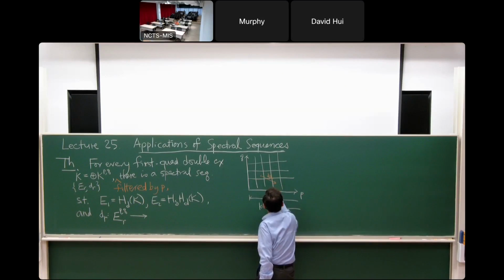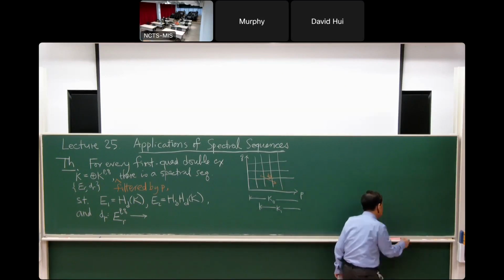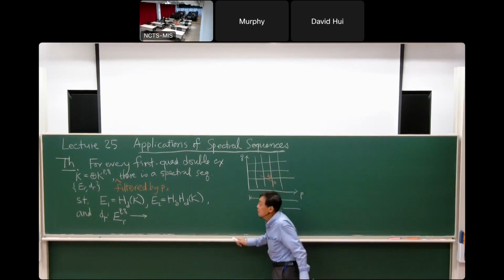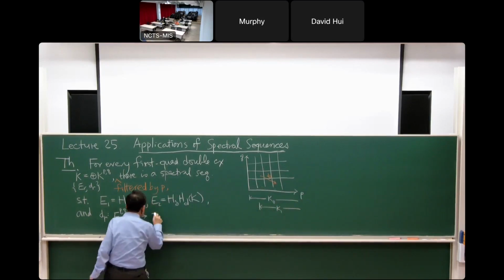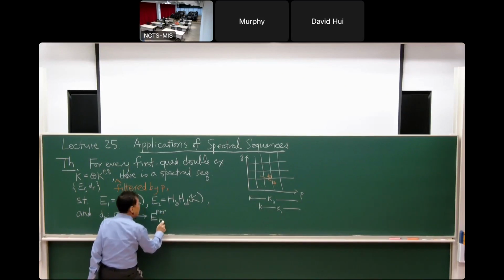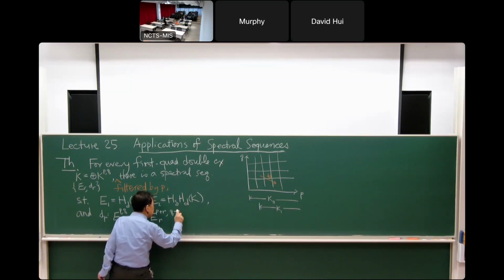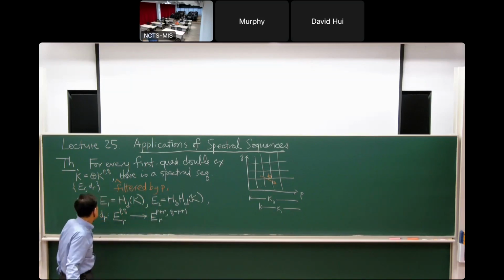So d_2 goes across by 2. In general, d_r goes across by r, and it goes down by r minus 1. So you have q minus the quantity r minus 1, therefore it's q minus r plus 1.